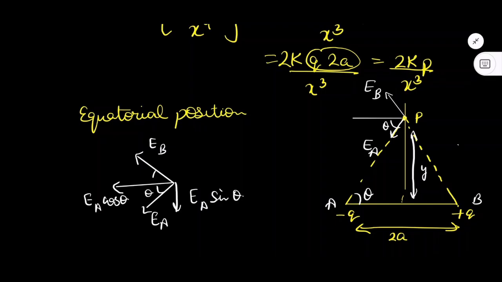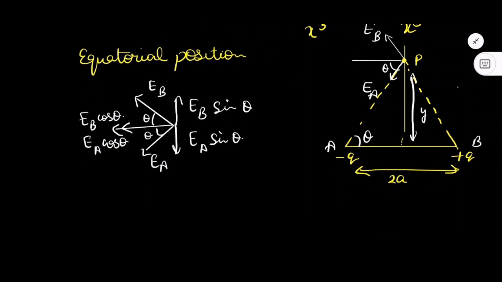Again this will be E_B sin theta, and this direction will be E_B cos theta. These are the components which we have split. Since we have the same magnitude and same distance, E_A will be equal to E_B. The magnitude will be the same, E.